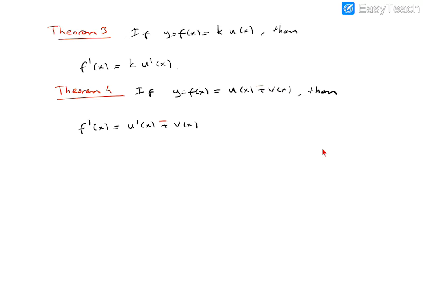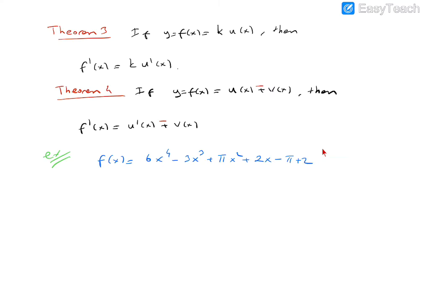Let's give an example. If our aim is to calculate the derivative of the following function, 6x to the power 4 minus 3x cubed plus pi, which is a constant, times x squared plus 2x minus pi plus 2, for example.